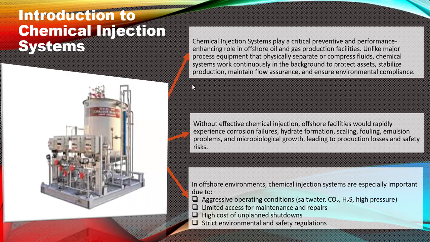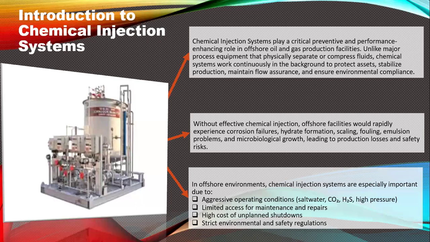Okay, so as I was saying, these chemical injection systems work in the background to ensure that we protect the assets, we stabilize production, and also maintain flow assurance and ensure environmental compliance. Now, without effective chemical injection, offshore facilities will rapidly experience corrosion failures, just like the image you saw before on the other slide.